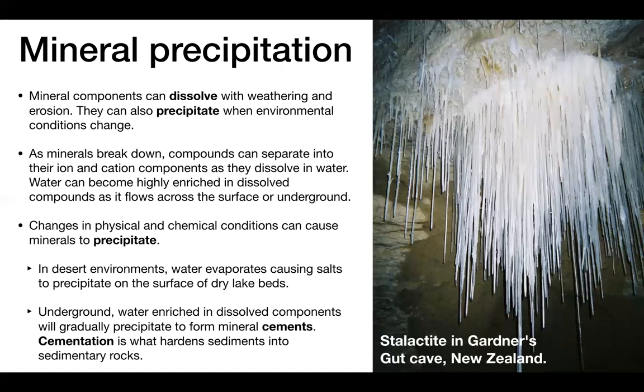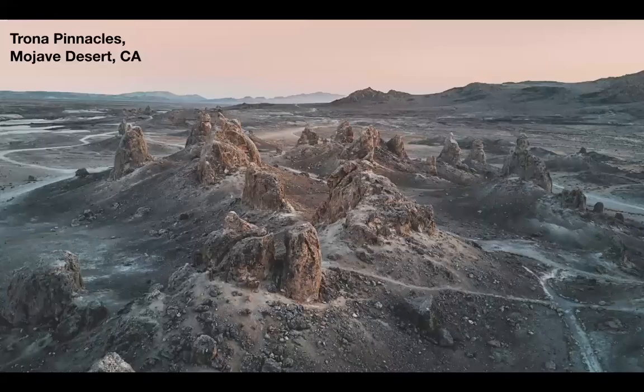Stalactites, for example, these ones at Gartner's Gut Cave in New Zealand, form from the precipitation of calcium carbonate in groundwater. Another example, close to Los Angeles, is the Trona Pinnacles in the Mojave Desert of California. During ice ages of the last 3.5 million years, a recent period called the Pleistocene, massive runoffs spilled from the Sierra Nevada into a chain of inland seas.